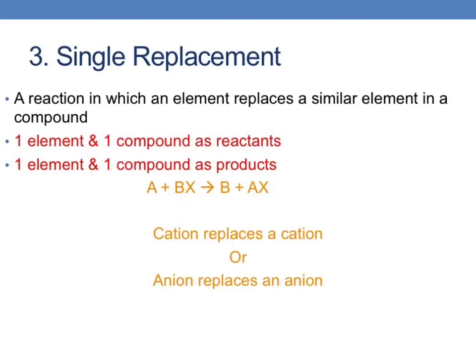So A comes in, and A kicks out B. So A is a metal in this case. B is a metal, and X is a nonmetal. So this metal comes in and kicks that other metal out.